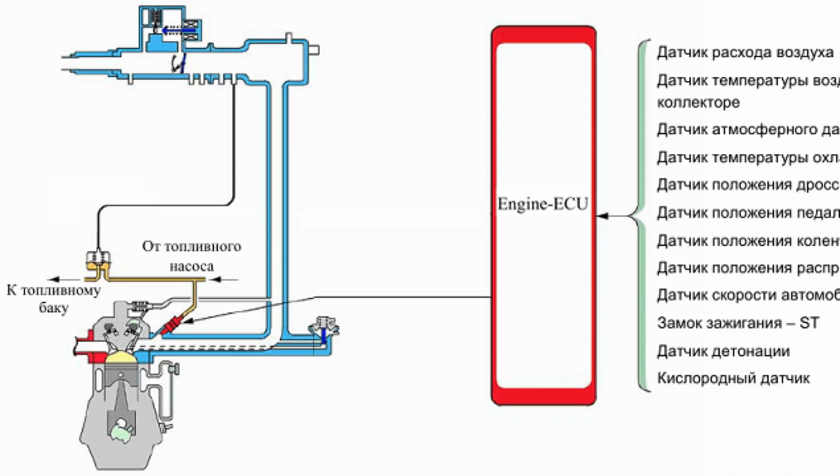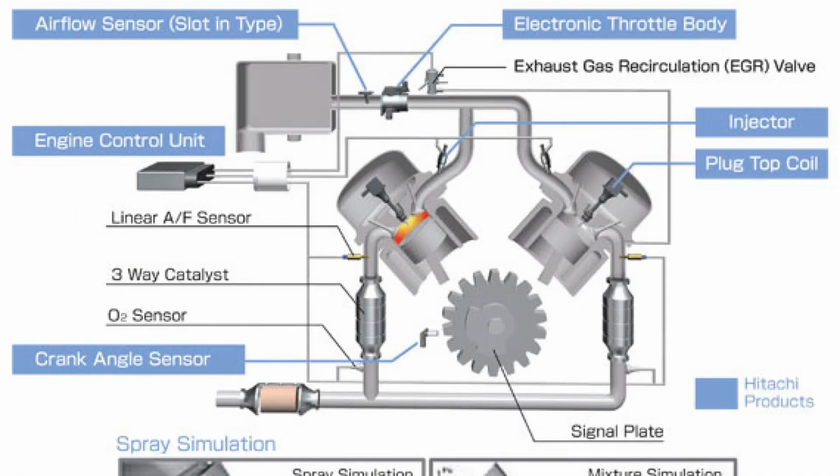Also in MPI engines, the amount of air entering the cylinders can be calculated by a mass airflow sensor, MAF, and a Kármán-type sensor. The main components of the electronically controlled MPI gasoline distributive injection system are fuel supply system, ignition system, air calculation system, exhaust gas toxicity control system.